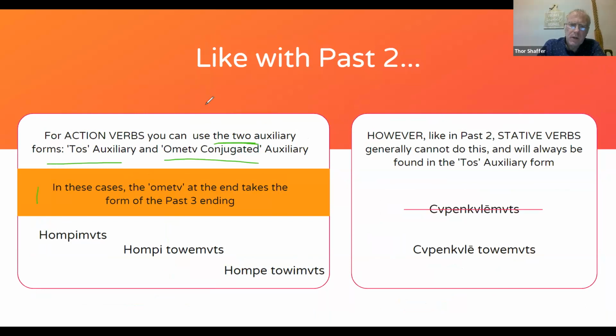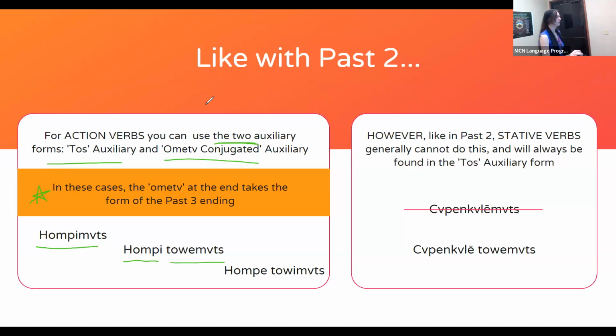Yes, and so in these cases, omata is always going to be the one that takes the past three ending. So we have hombe mutz, hombe doi mutz, and hombe doe mutz, right? So this is basic. This one is dos auxiliary, and this one is omata conjugated auxiliary.